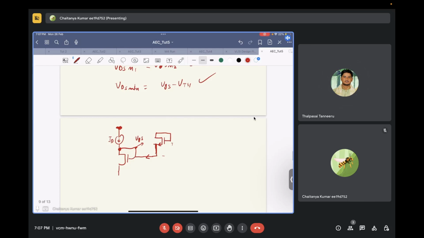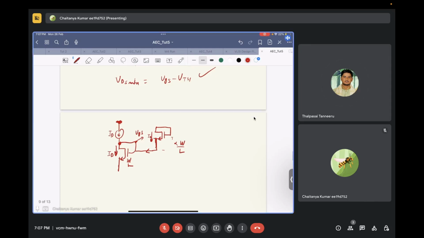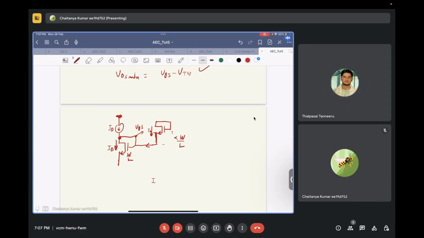So let's say this is one MOSFET with current ID flowing through it, and its aspect ratio is W by L. Then there is this other MOSFET with the same current ID flowing through it, but its aspect ratio is alpha times W by L. Okay. Let's call this M1 and this transistor M2.